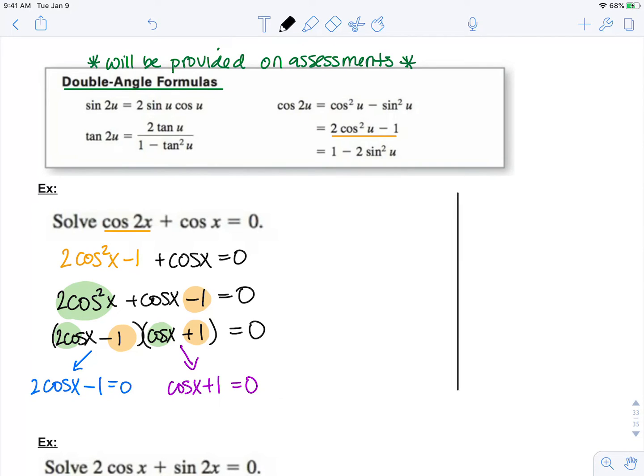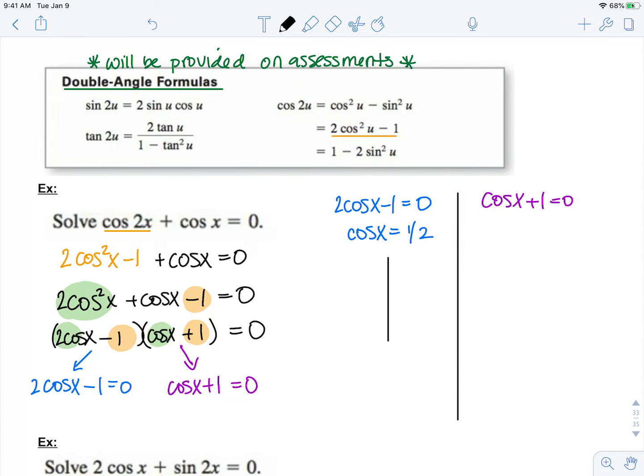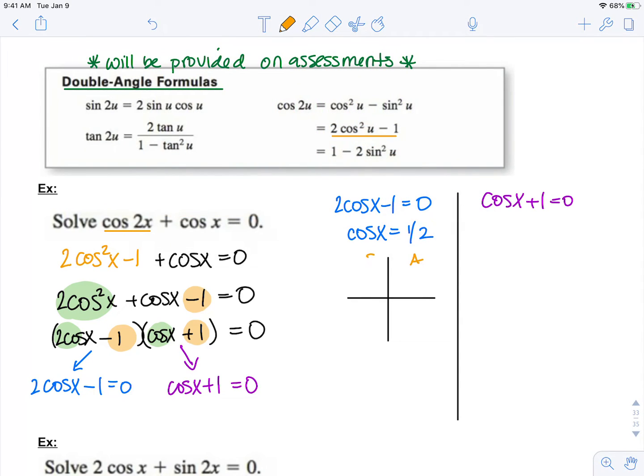So I'll solve both of those equations over here. 2 cosine x minus 1 equals 0, and cosine x plus 1 equals 0. So first, if I isolate cosine x, I get positive 1/2. So I think about, in my unit circle, where is cosine positive? All students take calculus.